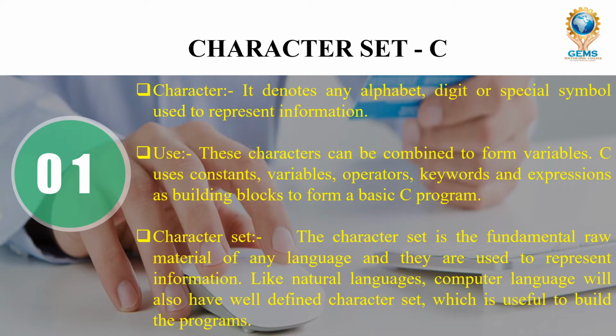Now the first point is the character set in the C programming language. First of all, what do we mean by character? A character denotes any alphabet, digit, or special symbol used to represent information.